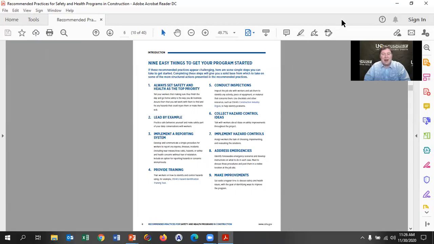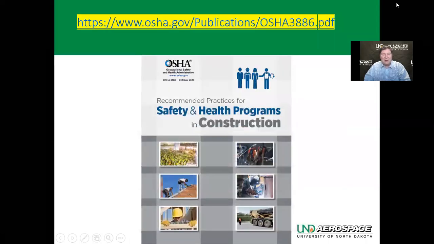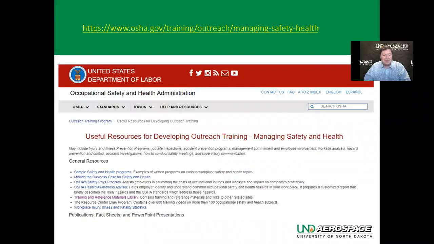So that is how I would like for you to use these materials, because the materials are out there, right? I just backed up a slide. Here's more materials that are out there. So OSHA is expecting that you are trained, that you know what you're doing, and that you know what OSHA recommends that you do. So that's how to use it.